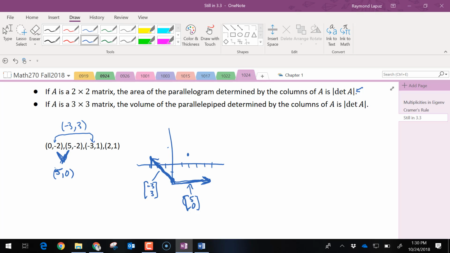But the absolute value makes sure that it's positive, because there's a possibility that this might be negative. So the area is going to be given by the absolute value of the determinant of A. And again, it doesn't matter which order you put it in, because if you switch it, you'll just get a negative of your answer, and you're going to take the absolute value anyways.